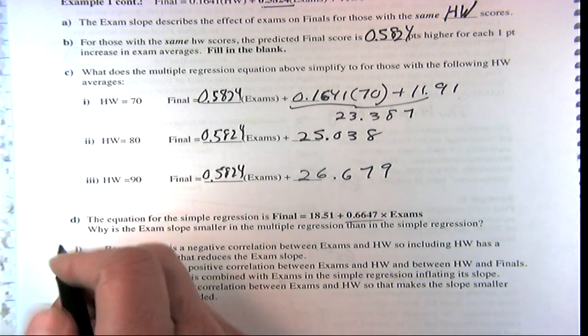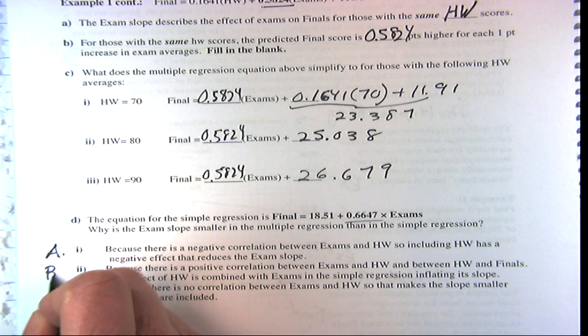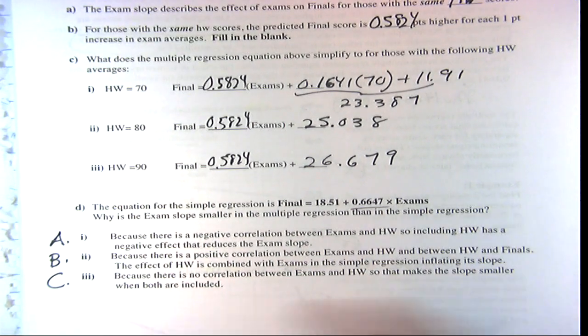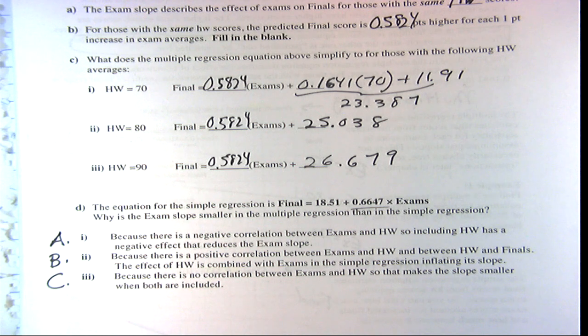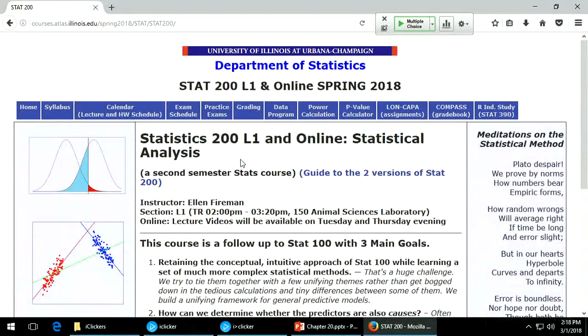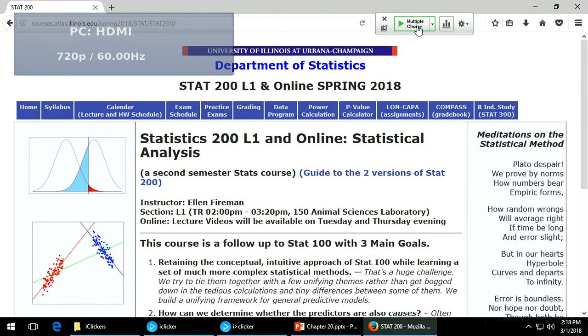Why don't we just call this A, B, and C and take out your iClickers, because I didn't write it as an iClicker, but let's just go to the iClicker. And you'll choose either A, B, or C. I just want to know what people would think. So I'll start the iClicker on that.